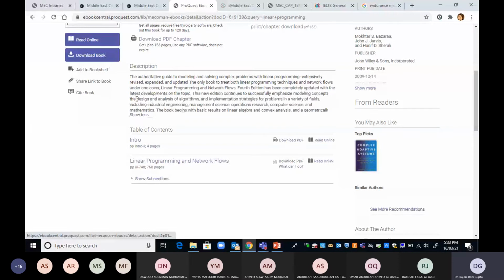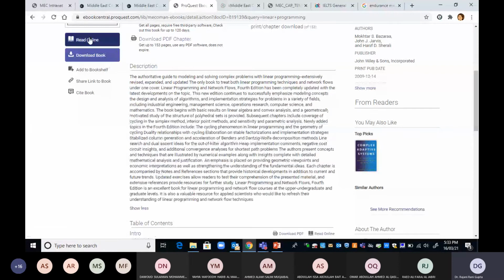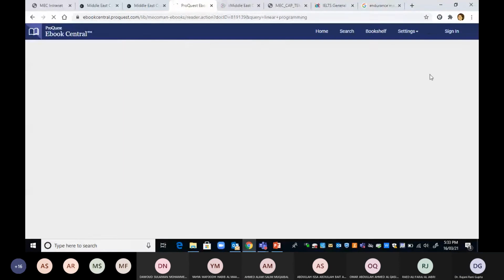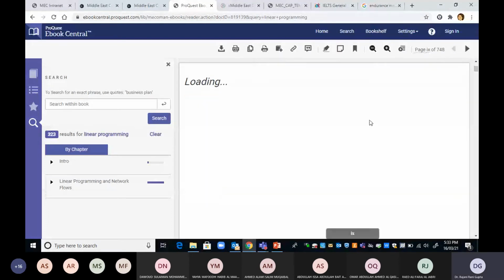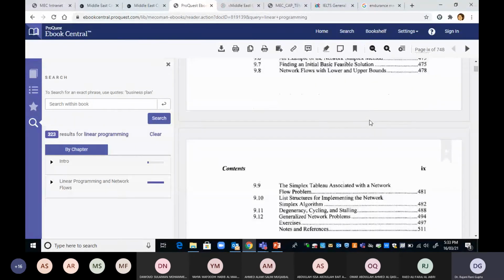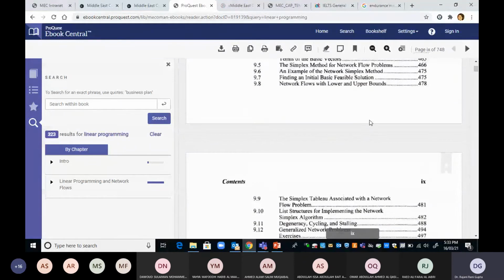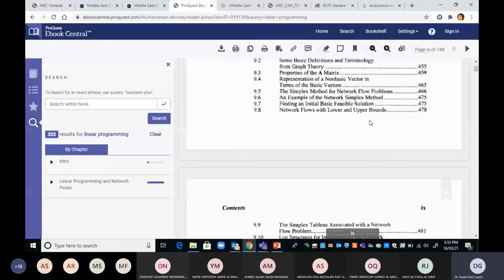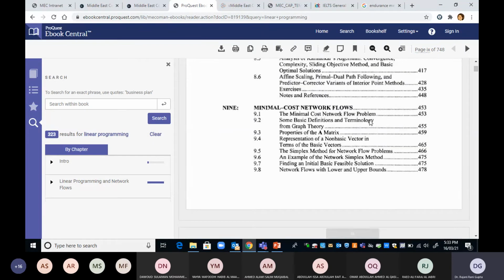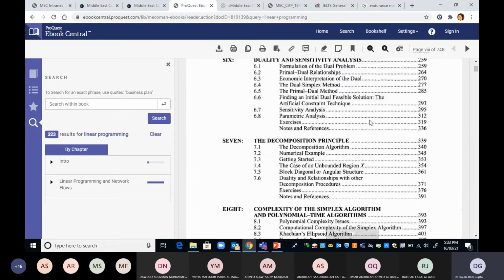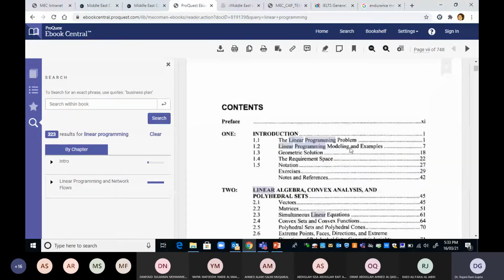So here, linear programming, models and examples. You can always first look at the contents. So linear programming problem, linear programming modeling and examples. Yes, they are talking about the modeling. So we'll go to page 7, where they are talking about the modeling.